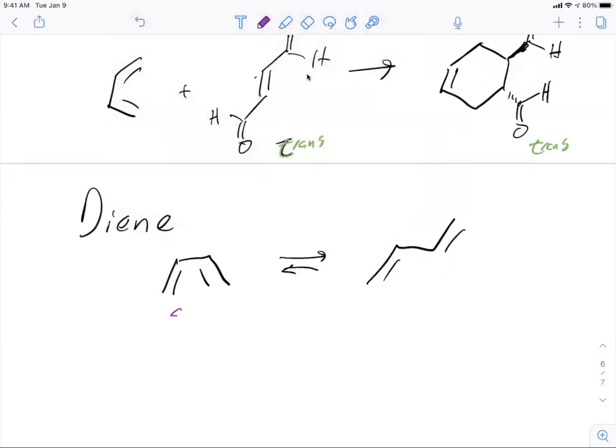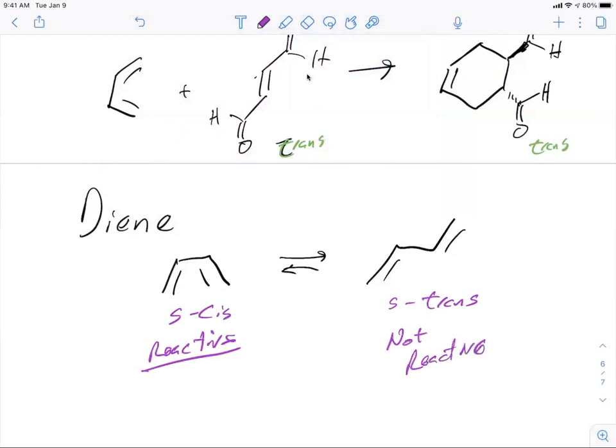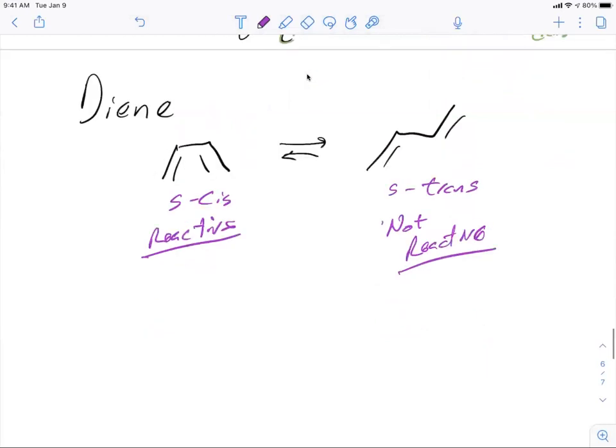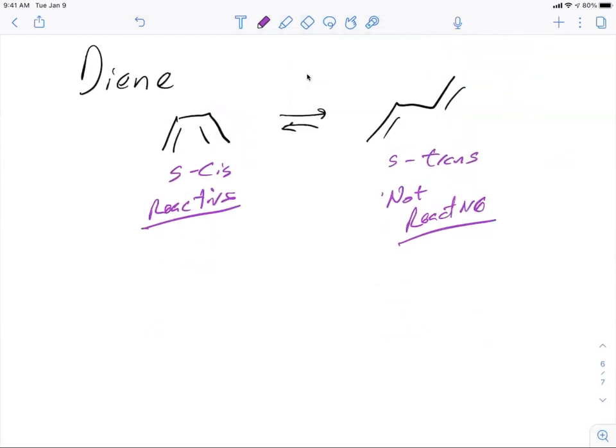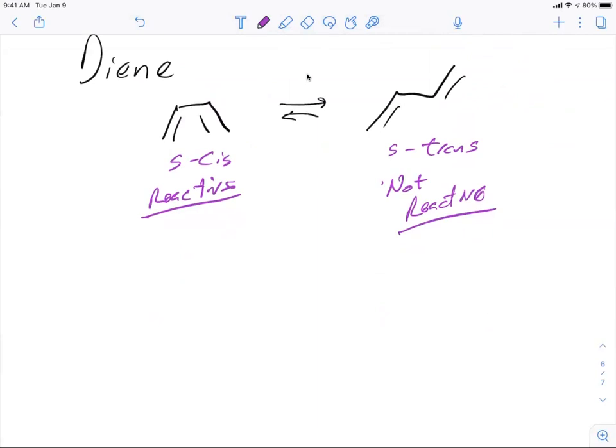So the S-cis formation, not the S-trans. So this one is reactive, and this is not reactive. Although adding an electron donating group, like a methyl group on here, will donate electron density through hyperconjugation back to the double bond. That can make them slightly more reactive. What's more important in a diene is that it be in the S-cis formation.